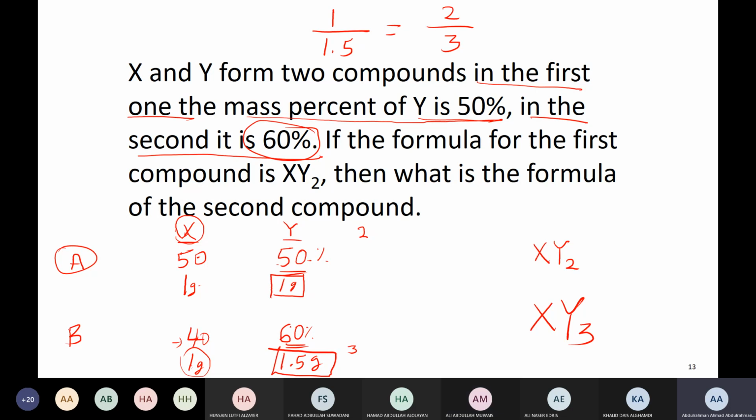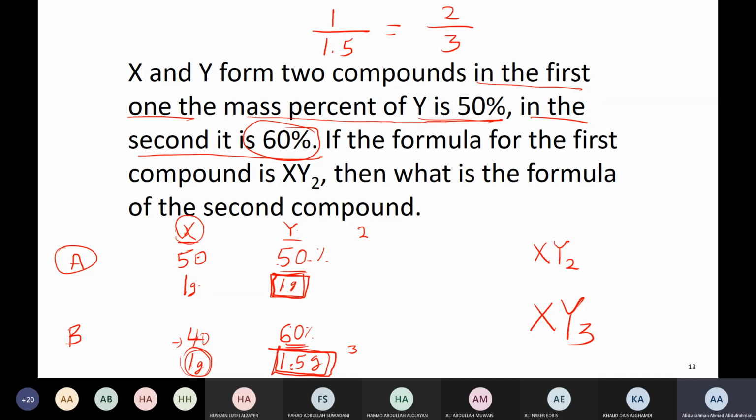Right. Now, the law of multiple proportion says that the amount of Y that will react with 1 gram of X in the first compound, compared to the amount of Y that will react with 1 gram of X in the second compound, must be a simple ratio.